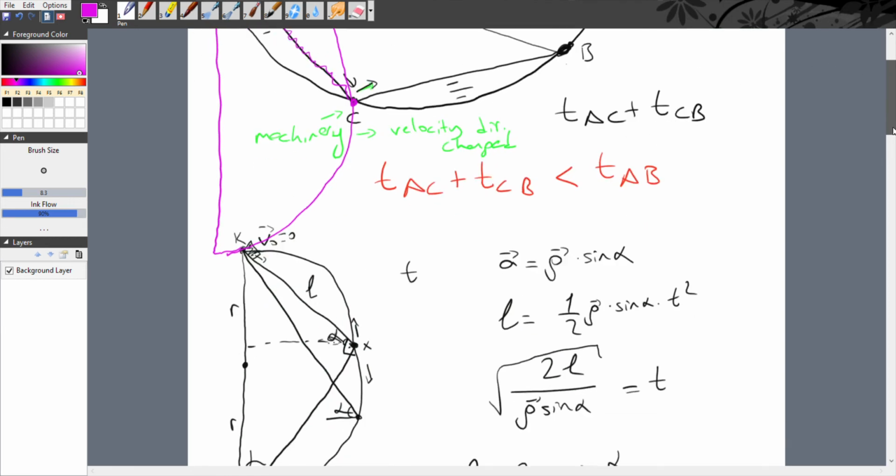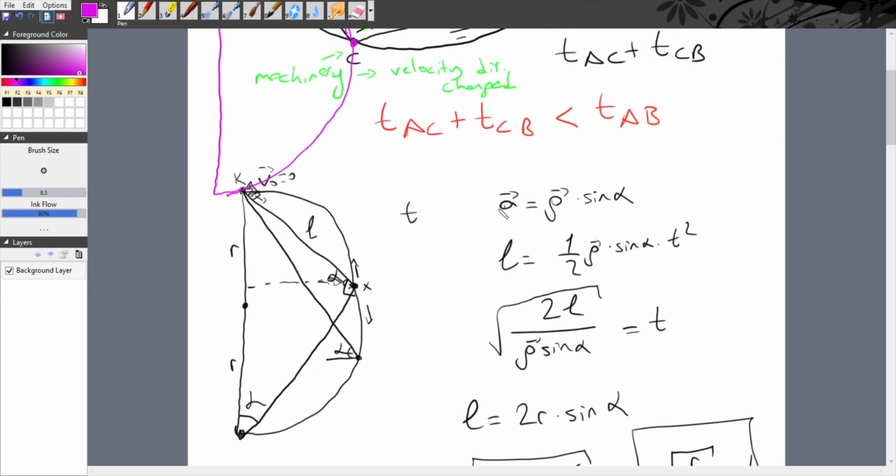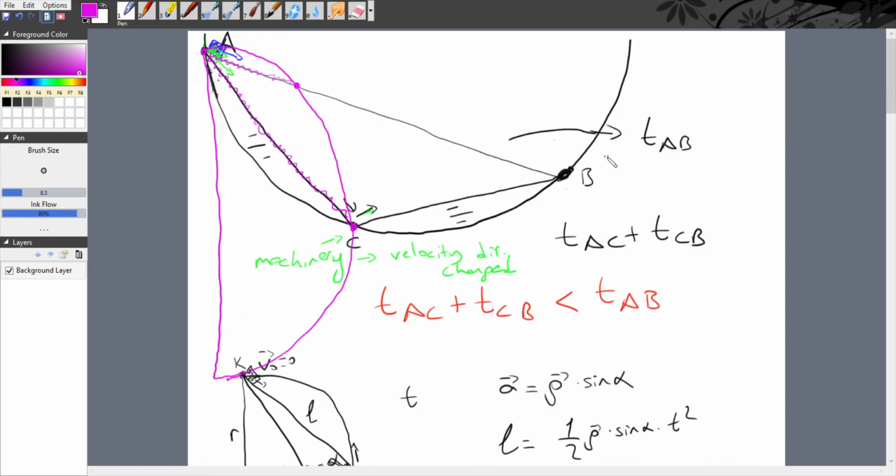Why? Because we saw that whenever we put a point x on a semicircle, our object will travel to that point in the same interval, wherever we choose. So in the problem setting, we put 2 points. Let us call this point K, and we have C. So this interval and this interval will be the same.